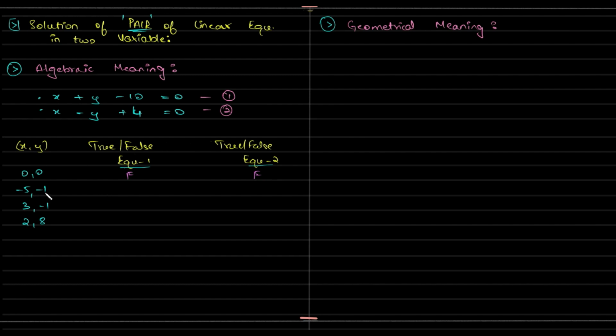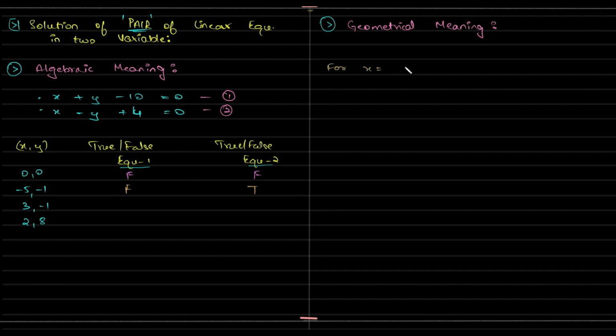Next is minus 5 and minus 1. Minus 5, minus 1, and this is all negative terms. So it is a false statement. Minus of minus 1 is plus 1. So minus 5 plus 1 plus 4 is 0. So this is a true statement. I hope I didn't confuse you guys.